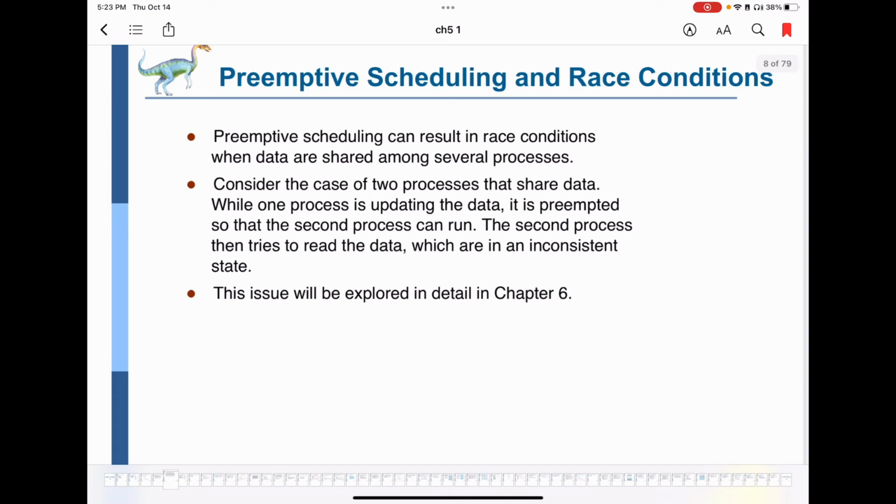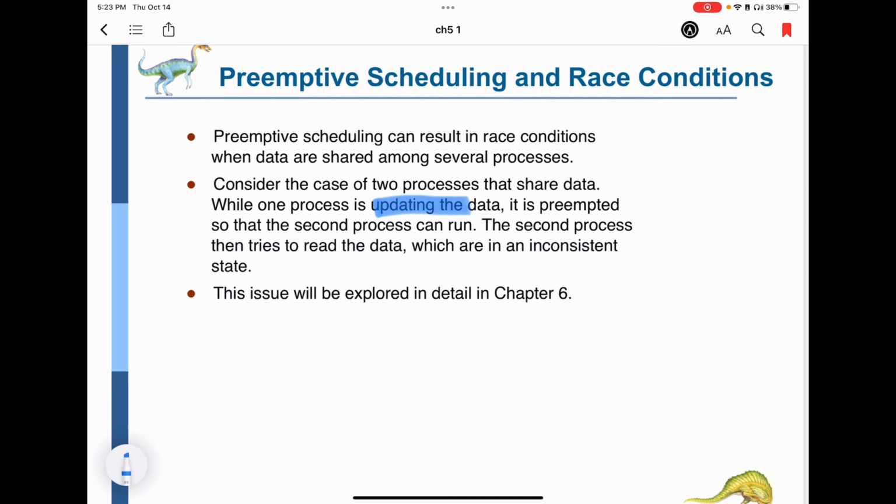So dito kasi, anong problema dito? Kasi daw, preemptive, sabihin pwedeng simultaneously, parang meron siyang inutos. Ang utos sa kanya is to update the data. Well, the next process na nakuha ni CPU naman is the second process naman gustong magbasa ng data.